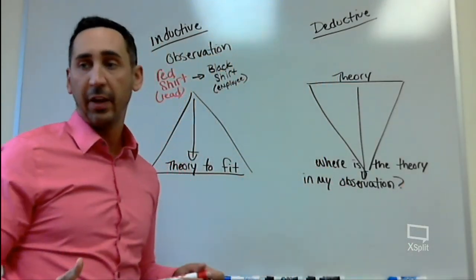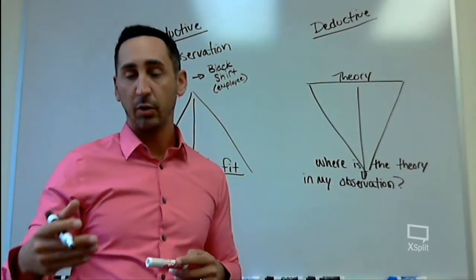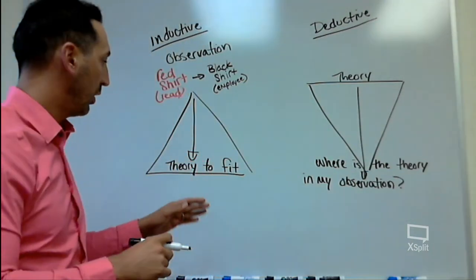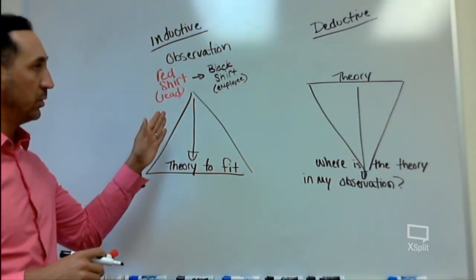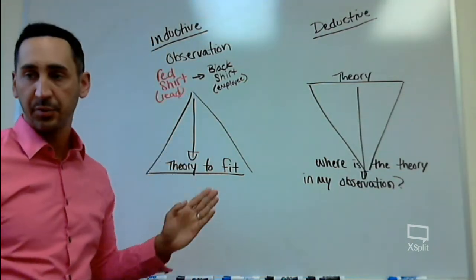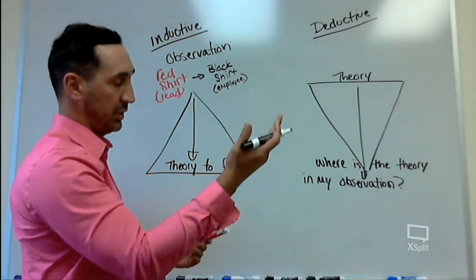You're kind of asking yourself, where is my theory, or is the theory in my observation? Whereas here, you're saying, what theory jumps out from my observation? And so you're kind of working essentially backwards.